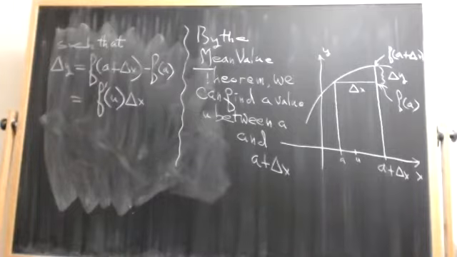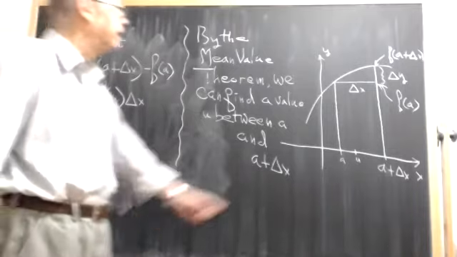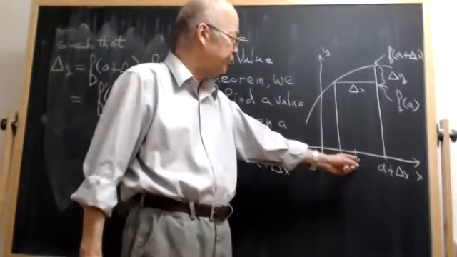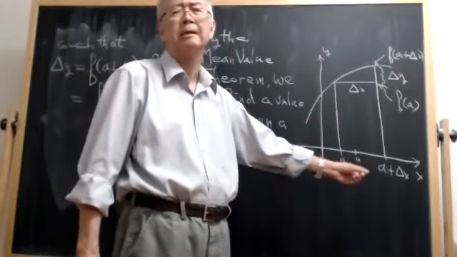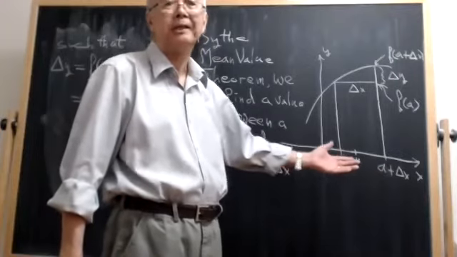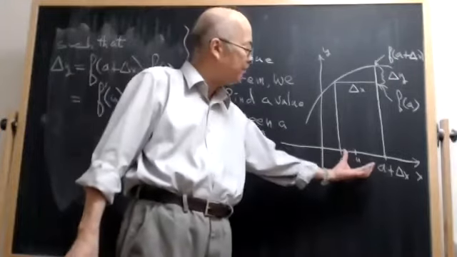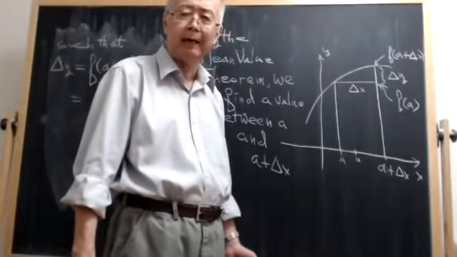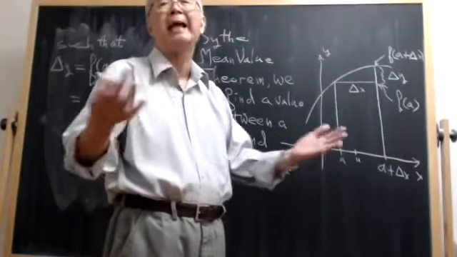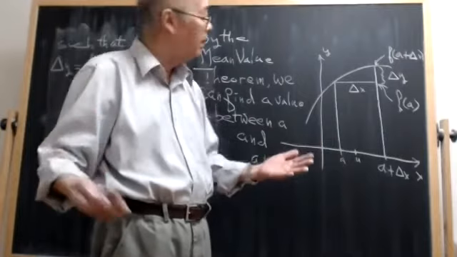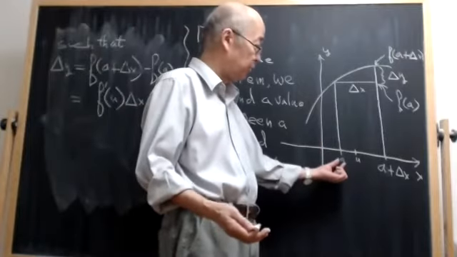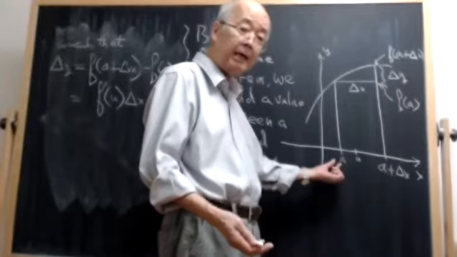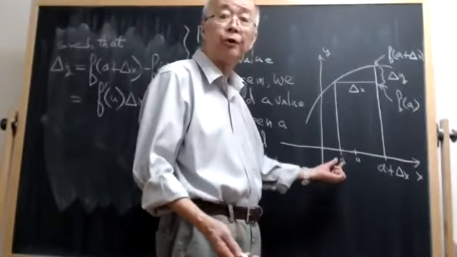But we are not so much interested in the point U, because it's just some point in between A and A plus delta x. We don't know exactly where it is, but we for sure know that A is given to us at the beginning.